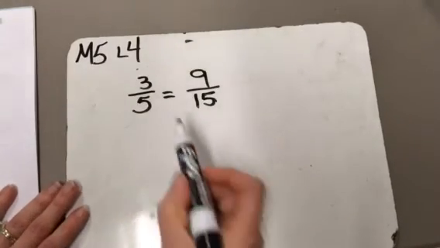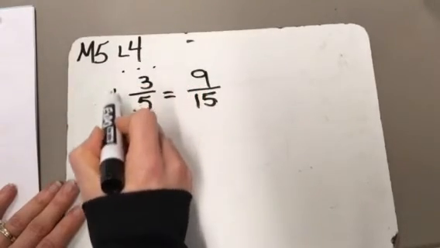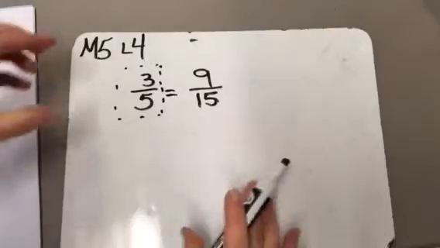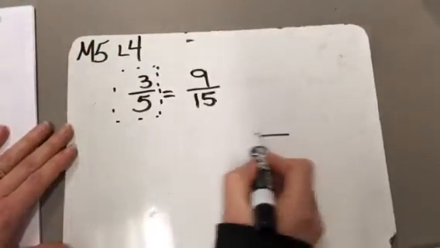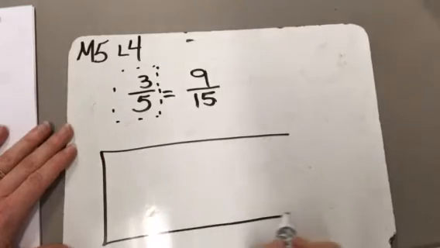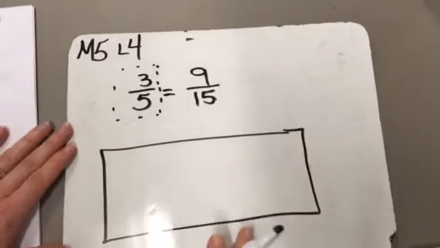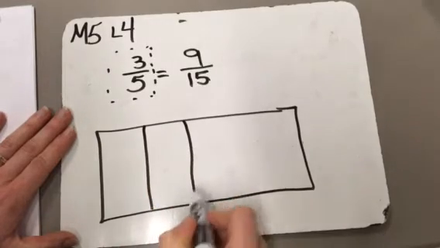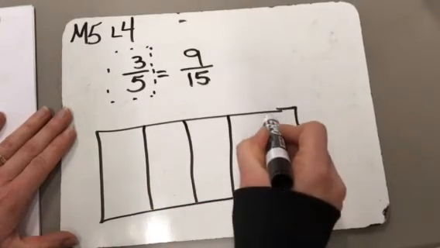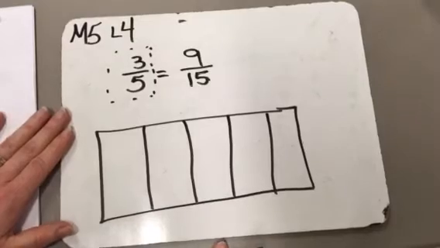And here's how you prove it. You take your first piece of the fraction, the one with the smaller denominator or smaller numerator, and you create it. So let's make 3/5. Do your best. About there, about there, about there. Not bad.